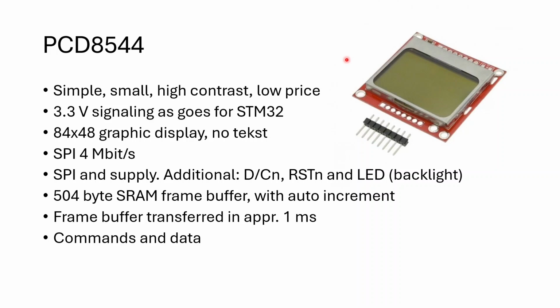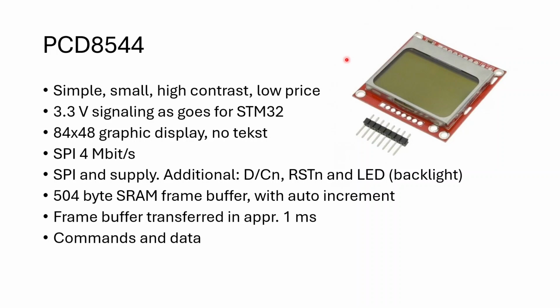So everything that you do with text needs to be done by the controller. The SPI clock speed can be up to 4 megabits, which is quite fast at that time, because I think it's a display that was designed in the early 90s.